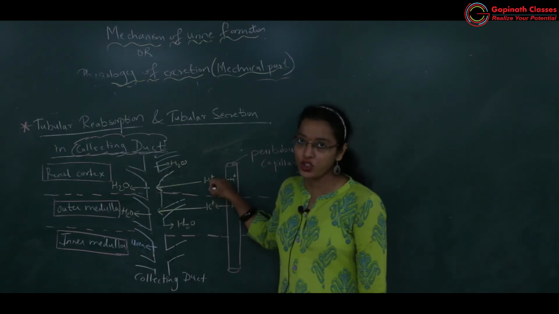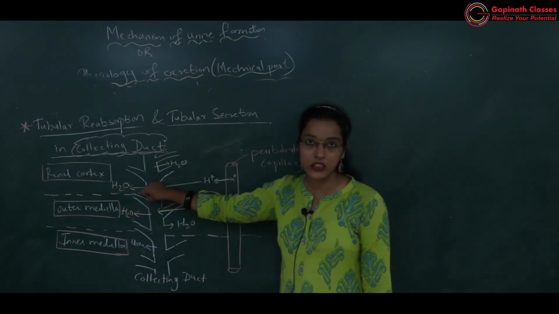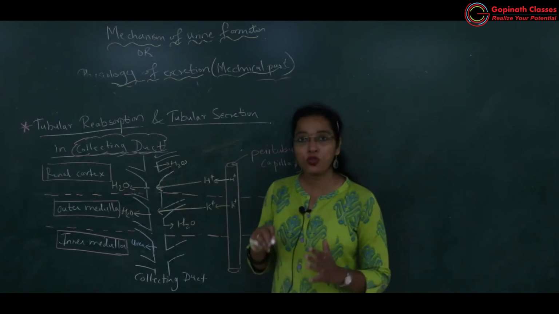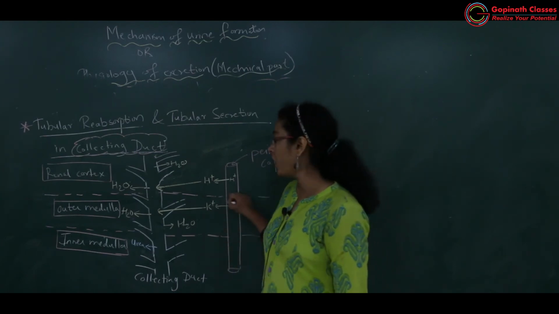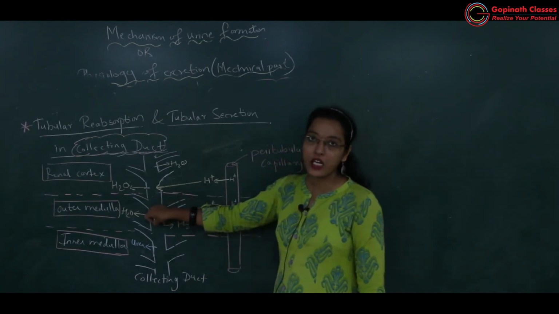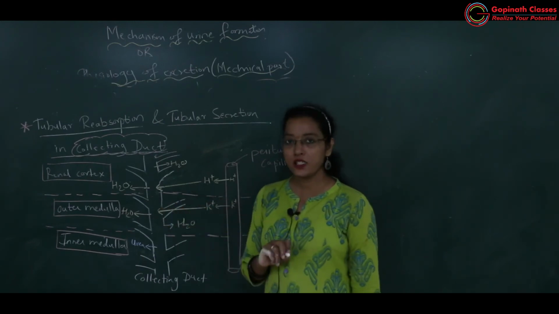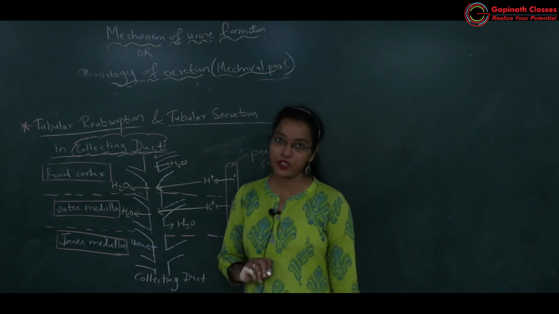If H positive becomes more, to maintain proper pH of the blood, H positive will be secreted out in the tubule of the collecting duct, and if there is more K positive in the blood, these will be secreted out in the collecting duct, thus maintaining ionic balance in the blood.